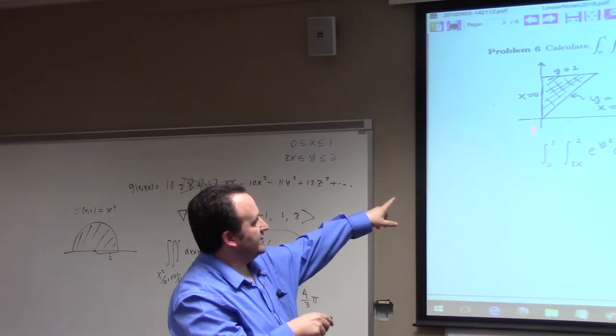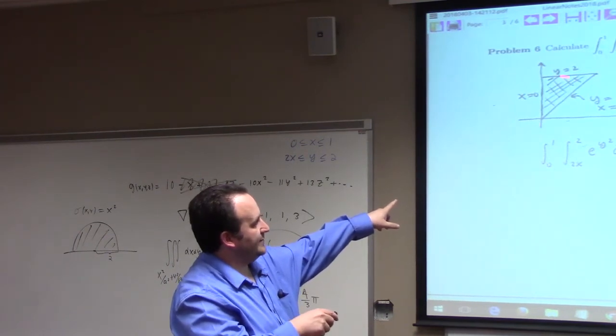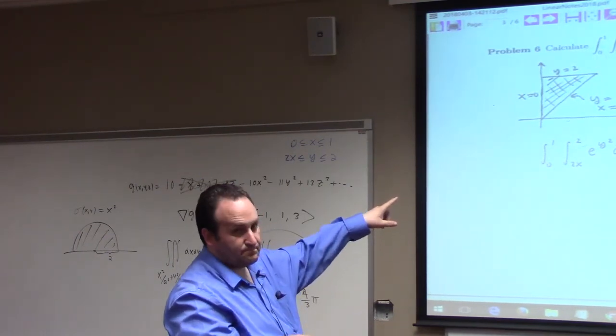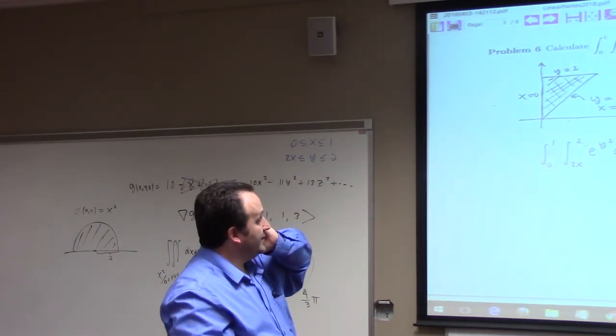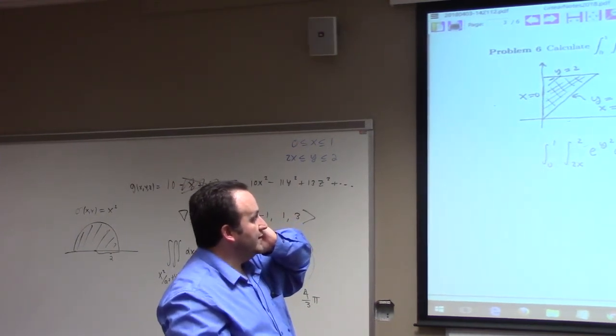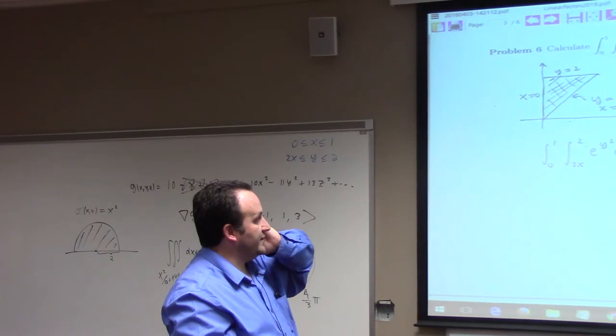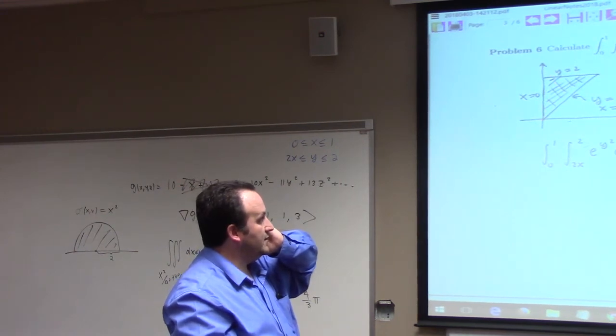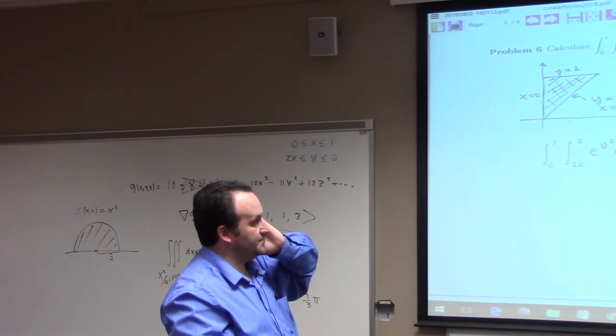And x, of course, goes from 0 over to 1, which is where that and that meet at x equals 1. Anyway, the type 2 characterization of this region would be 0 less than y less than 2, and 0 less than x less than y over 2.